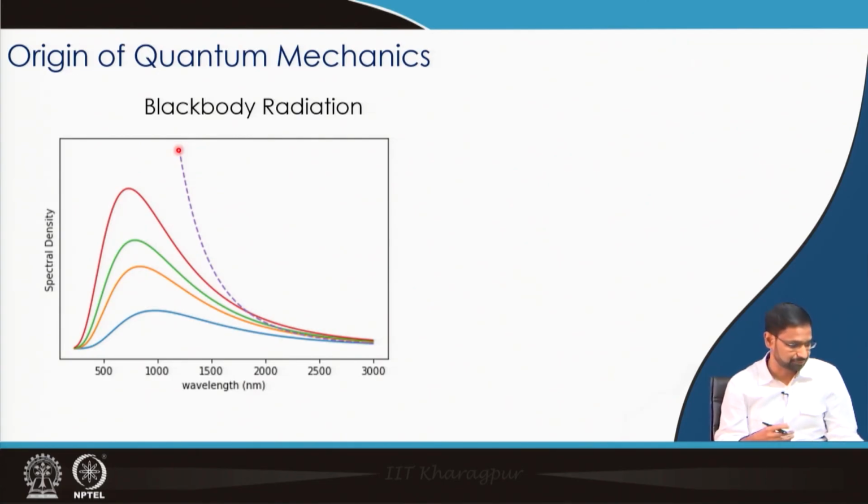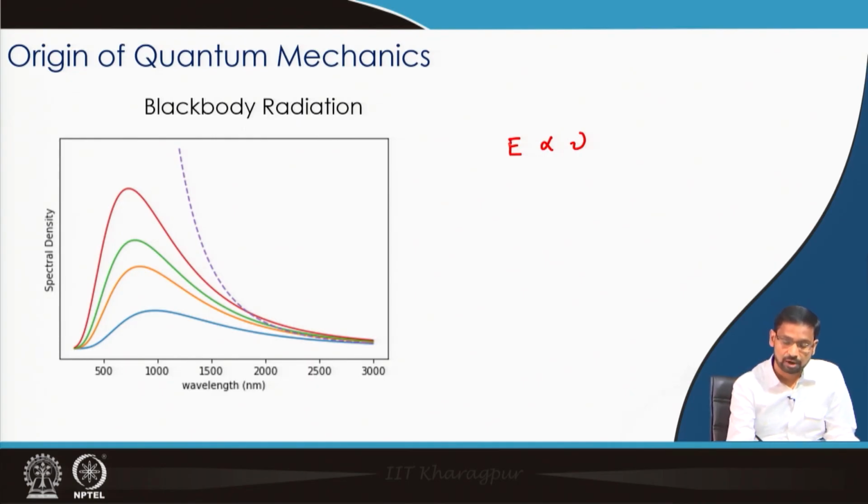Now, what he invoked is that the energy of these oscillators is proportional to the frequency of the radiation. So by using this, instead of treating the energy of the oscillator as a continuous function, he said that the energy of the oscillators is quantized and the absorption and emission occur only at certain quantized values.